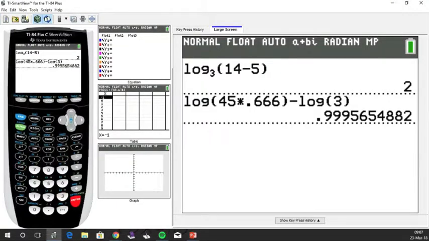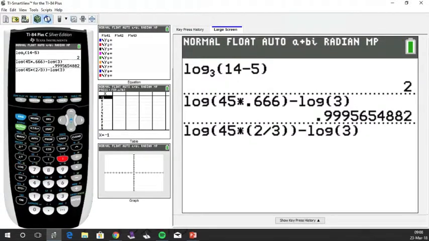Yeah, 0.999, right? If I put exactly 2/3 in there, which I can, let me see if I can do that real quick. Log 45 times, and I'll put 2/3 as a fraction, 2 divided by 3. So that's a little bit different. I didn't want to do that necessarily the first time because I know we have a hard time putting fractions in our calculator.